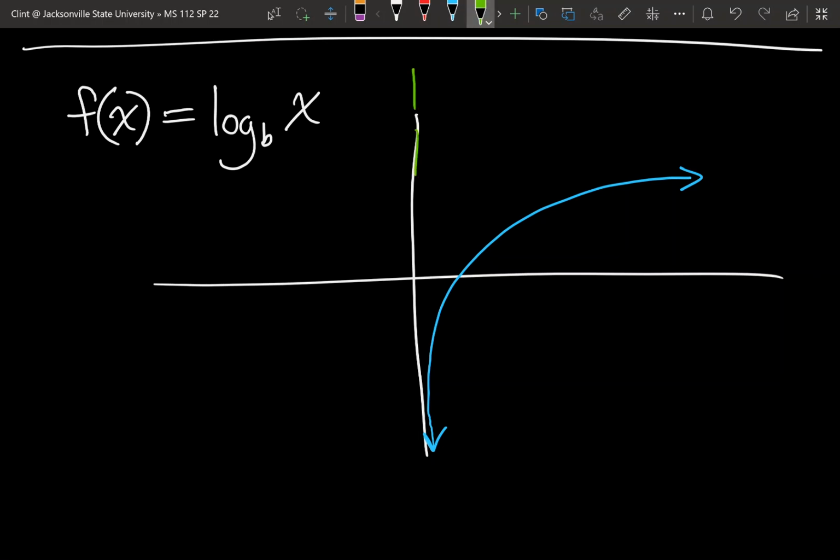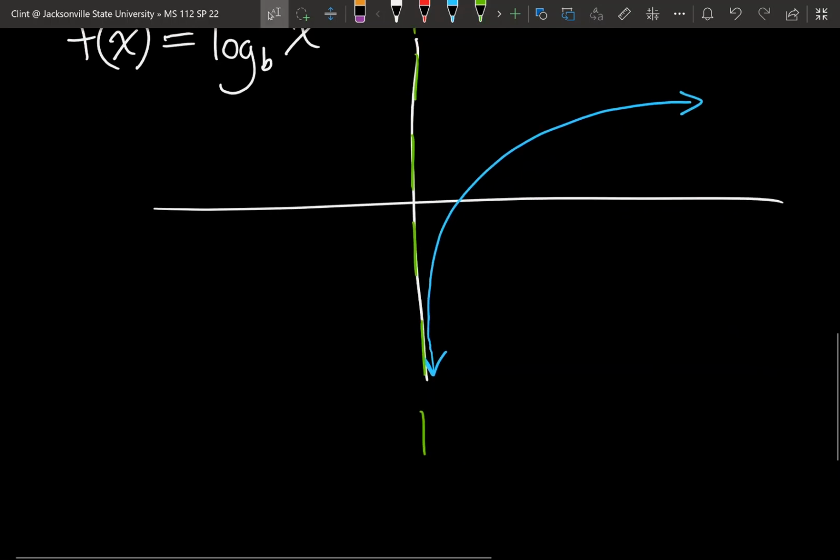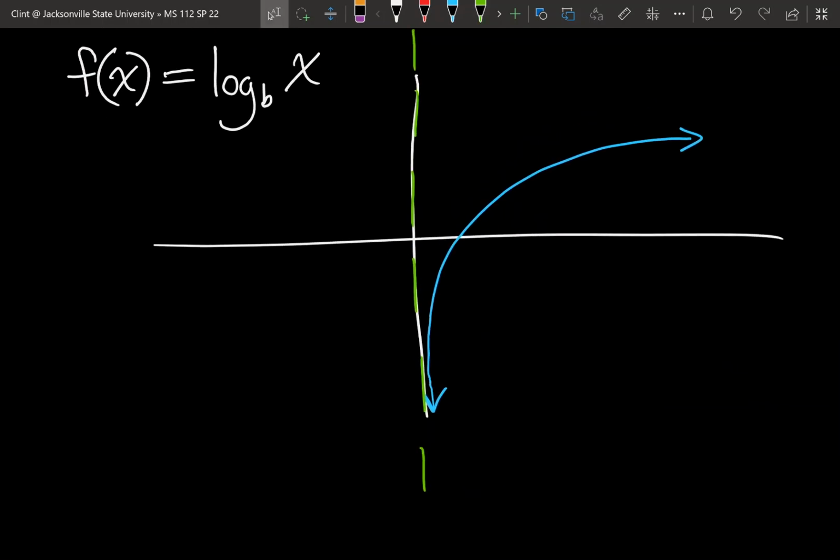And the y-axis is a vertical asymptote. And so that doesn't show it real good, does it? And so we have a vertical asymptote.